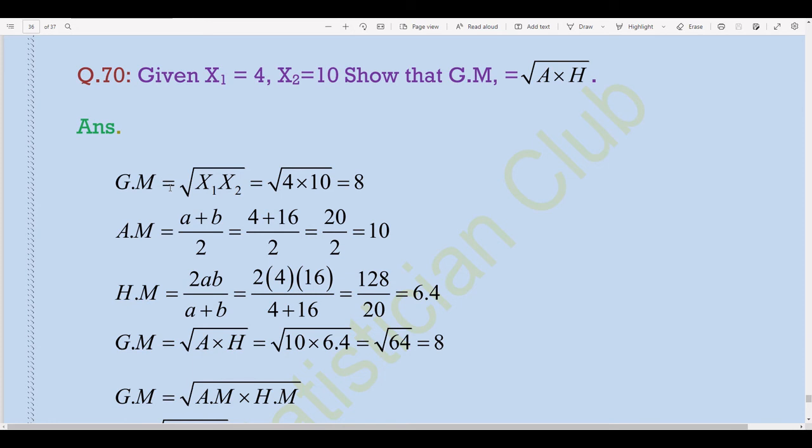The geometric mean is the nth root of the product of values. We have two observations, so the nth root is the square root of x1 x2. 4 multiplied by 16 and its square root is 8. Arithmetic mean is equal to the sum of observations divided by 2 by definition. A plus b by 2, 4 plus 16 divided by 2 is equal to 10.